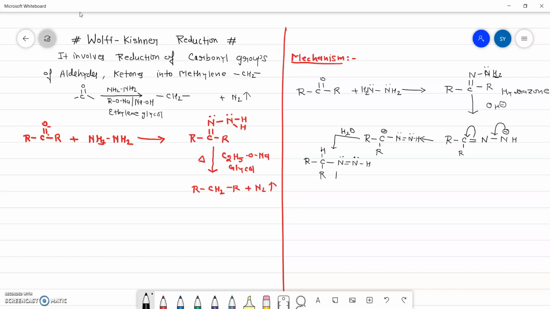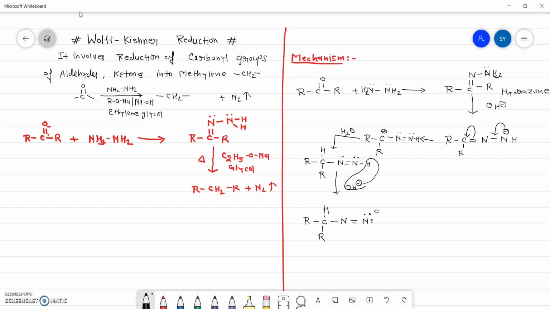So again you are going to add here a base. So base is already present, so this base will take this proton again, and there is going to be a negative charge over this. So what is the next structure? It looks like this, something bond N double bond N with one extra lone pair.